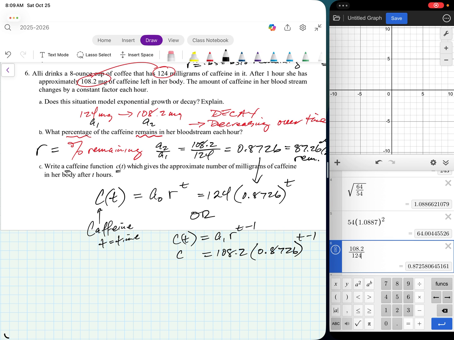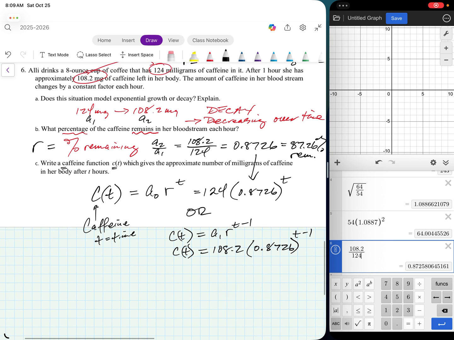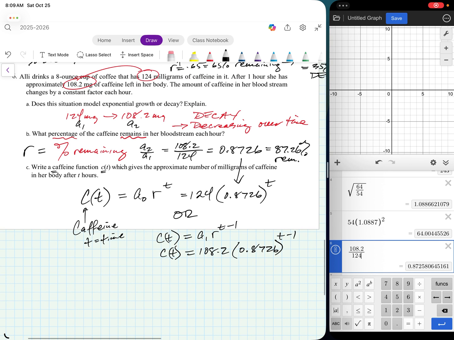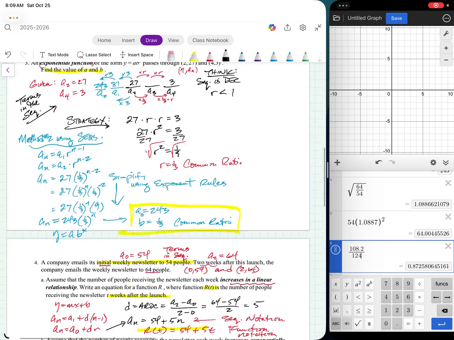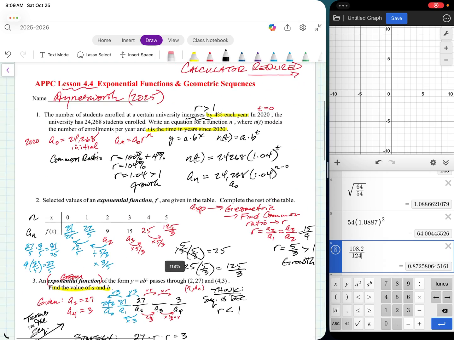So you can write it different ways. If you simplify the second function, you'll get the first function. Do it on your own and check that out. And there you go. That is the application of your exponential functions and geometric sequences in action.